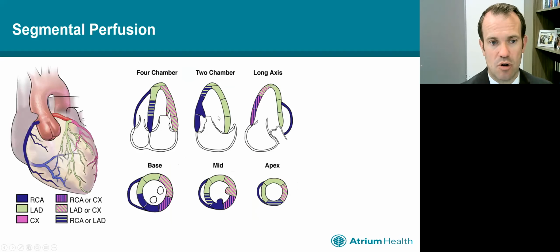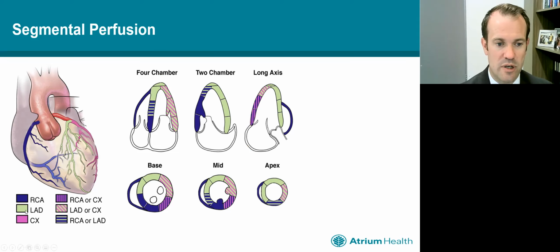Once you do know that, then you have to piece that together with the segmental perfusion to define where you suspect the coronary disease is. In the exam, you will be given questions where there are obvious wall motion abnormalities in particular coronary distributions, and you need to be able to recognize that.